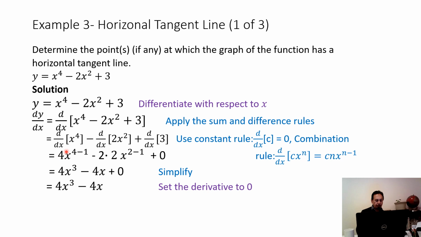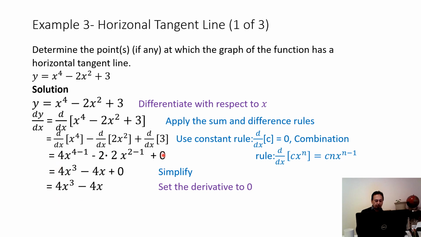So we have d over dx of x to the 4th, minus d over dx of 2x squared, plus d over dx of 3. Now we apply the power rule here, bring the power down 4 and subtract 1. And here we apply the constant multiple rule: minus 2 times, bring the power down, subtract 1 from the power, and 3 is a constant, and the derivative of a constant is 0.